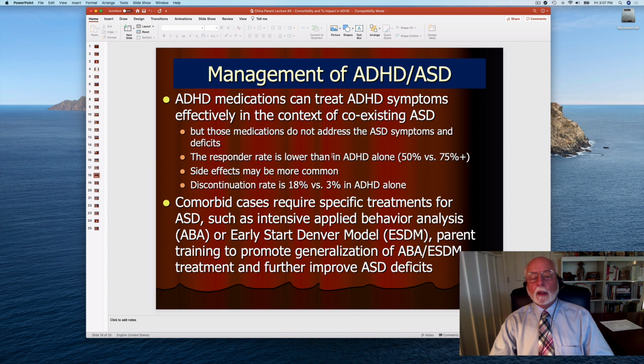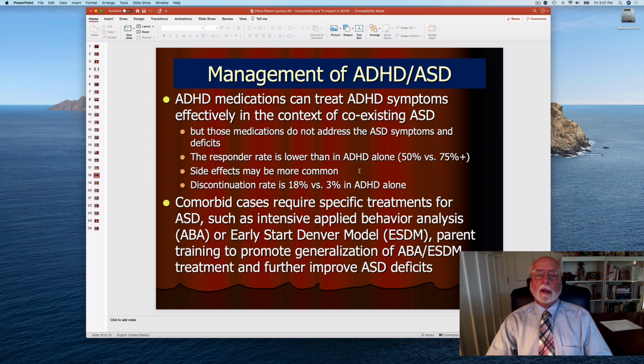First, the child with ADHD and autism is not quite as likely to show a strong or positive response to the medication. As you see here, about 75% of ADHD children respond well to any single ADHD drug. That figure falls to about 50% if autism is also present.